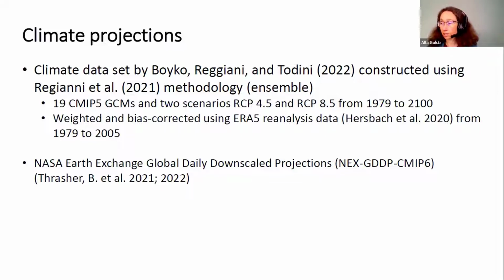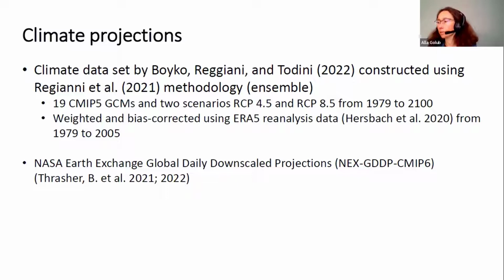The first data set is constructed by our colleagues Boyka, Reggiani, and Tadini using temperature and precipitation time series from 1979 to 2100, produced by 19 general circulation models under Coupled Model Intercomparison Project Phase 5 for two climate scenarios, RCP 8.5 and RCP 4.5.